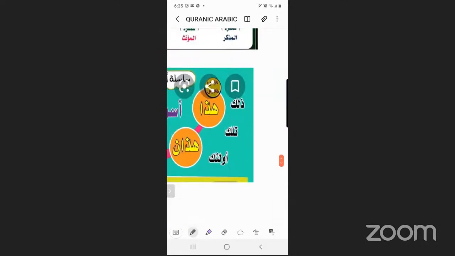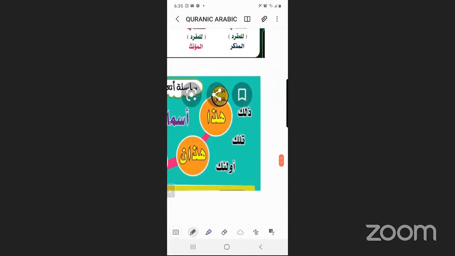Now, zalika is for that, things that are distant. This is something which is clear, near, and that is for something which is far. In Arabic, if it's masculine, it is zalika.